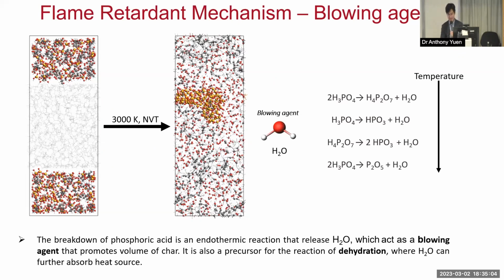It actually acts as a blowing agent, forming the H2O. You can see there are multiple pathways we identified through MD that this phosphoric acid can contribute towards the formation of H2O. Not only one variation, there are actually 4 different ways to force the gas species that are degraded outside the matrix to form H2O itself.